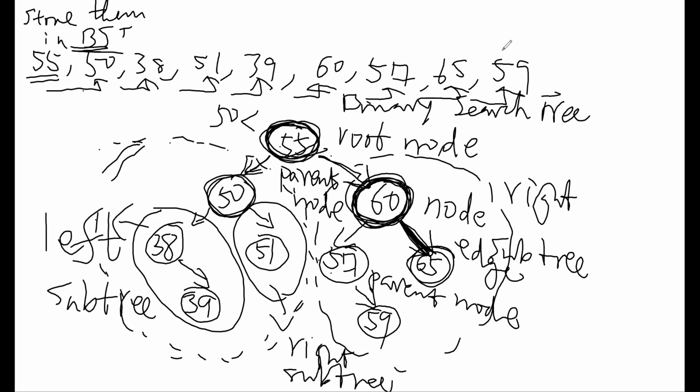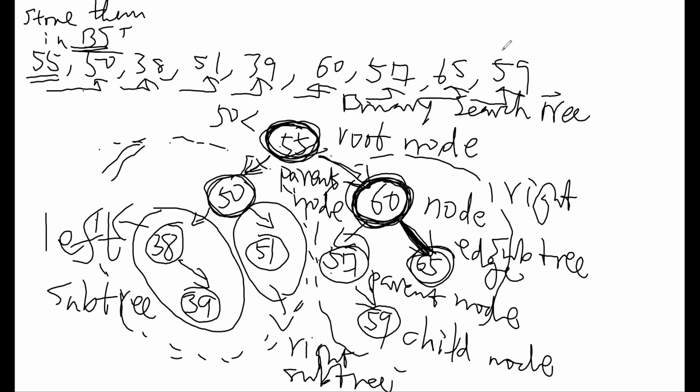And node 59 is a child node of node 57. So this is the parent and child relationship between two nodes.